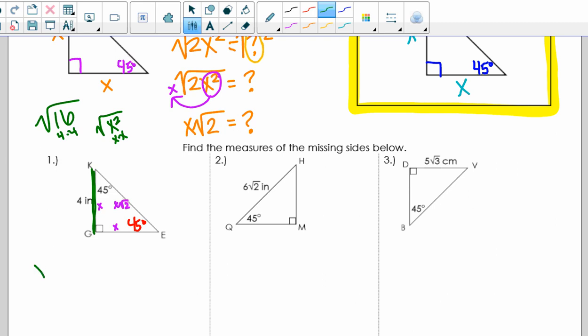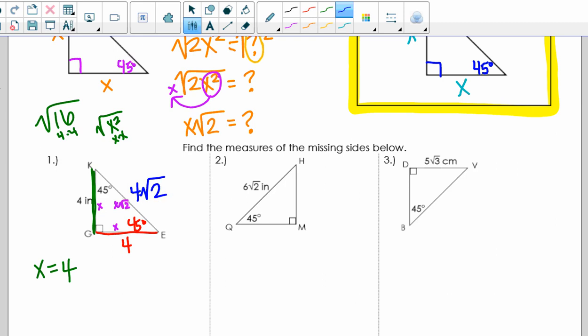That tells me that x equals 4. Well, if x equals 4, that means this side right here, which is also x, is 4. And then to find my hypotenuse, I just take whatever x is and multiply by radical 2. So this is 4 radical 2.